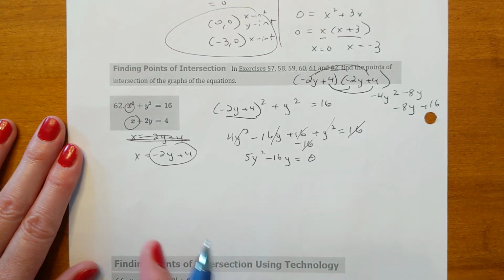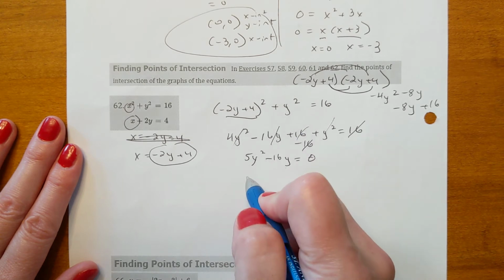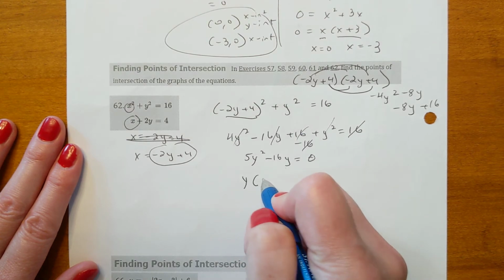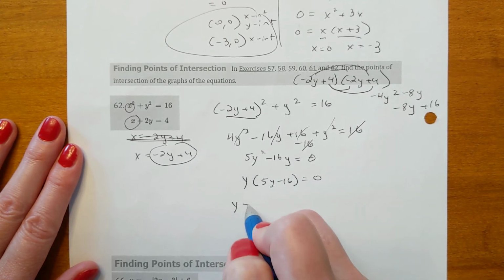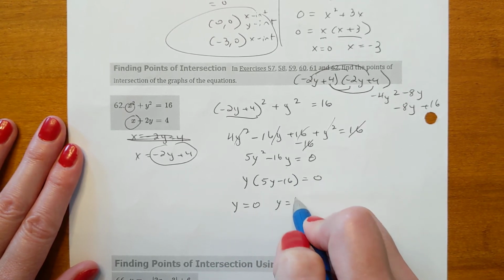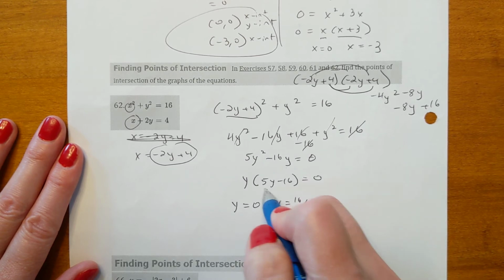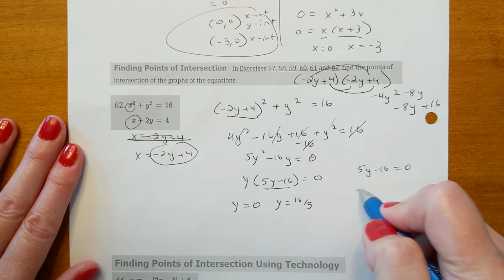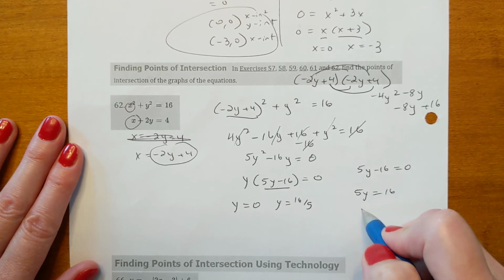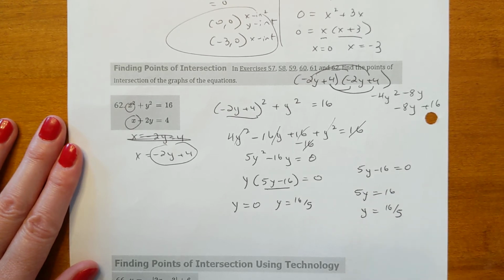So luckily, it's an easy one to factor again. I'm going to take out the y. So y times 5y minus 16 equals 0, so the answers for y are either 0 or 16/5. And I got 16/5 by setting that equal to 0, moving the 16 to the other side, and then dividing by the 5, so 16/5.